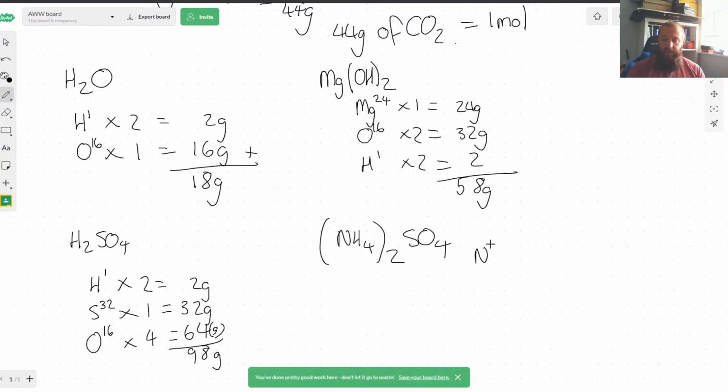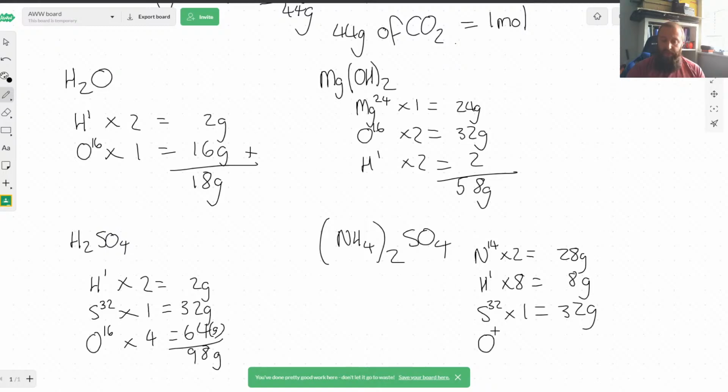So I've got nitrogen, the atomic mass is 14, and I've got 2 of them. 28 grams. I've got 4 hydrogen inside, multiplied by 2. So that means I've got 8 of them in total. So that's 8 grams. Over this side, I've got my sulfur, but I've only got 1 of those.